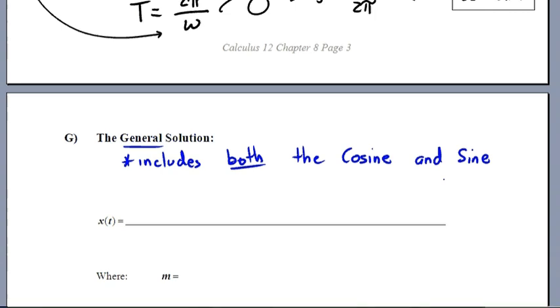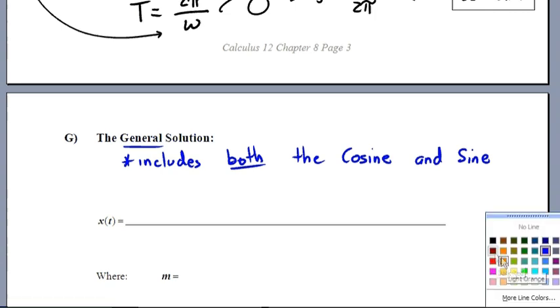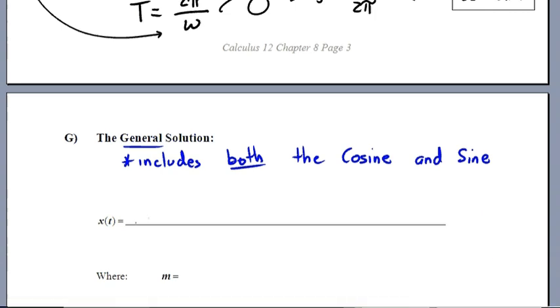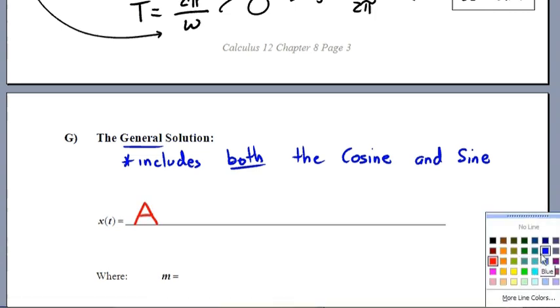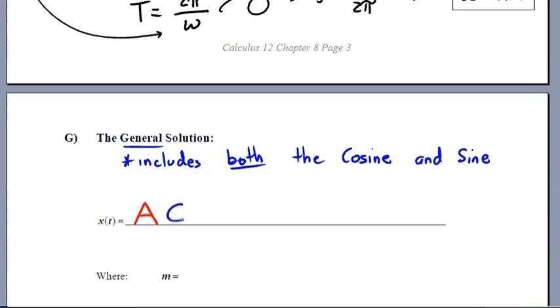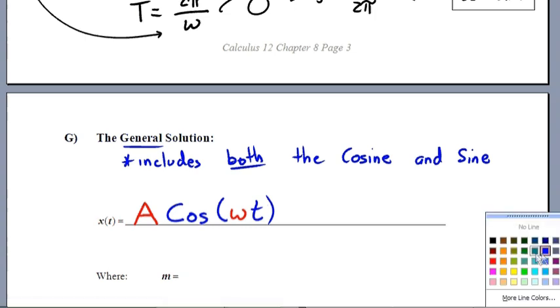So the most general solution for a mass bouncing on a spring is going to be some sort of amplitude, some A, some number that we'll decide. I'll show you how to find that in a second, multiplied by cosine of an omega multiplied by t. So remember, I promised you would come up with an equation that has t's in it, right? So we can describe the bouncing.